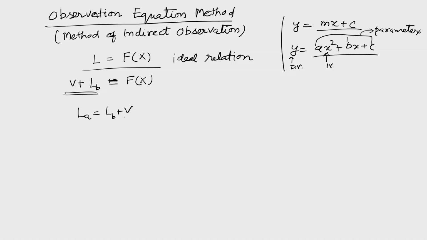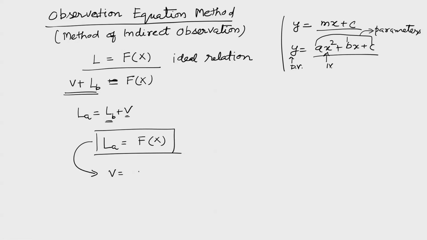That means if I add some v value to the Lb observation, I will get the adjusted value, which is going to follow the ideal mathematical relationship. So I write La equals Fx finally. From here again I can write that v is equal to Fx minus Lb.